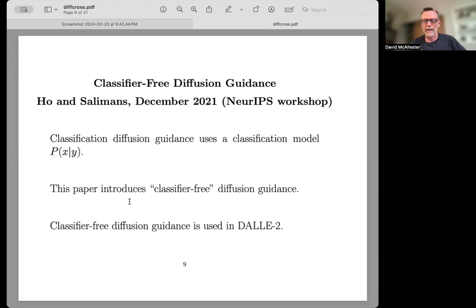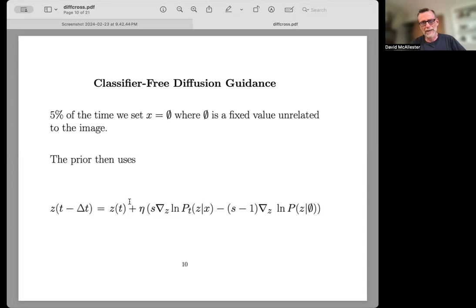Here we're going to be classifier-free. And this was used in DALL-E. So we're going to train now a conditional model. So in classifier guidance, we had an unconditional model. Now we are going to train a conditional model. But some fraction of the time, we give a null conditioning label.